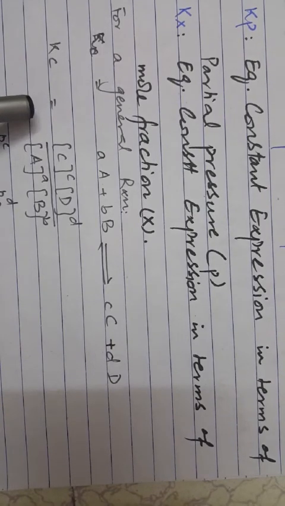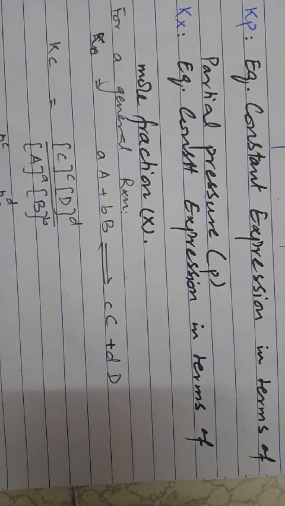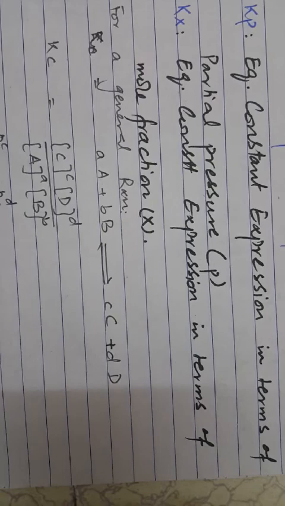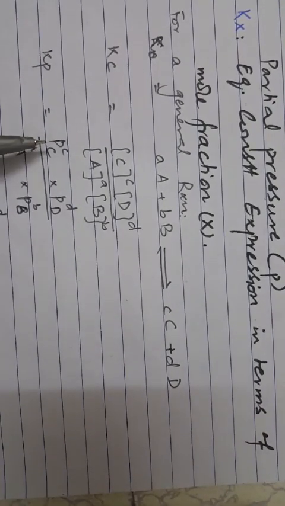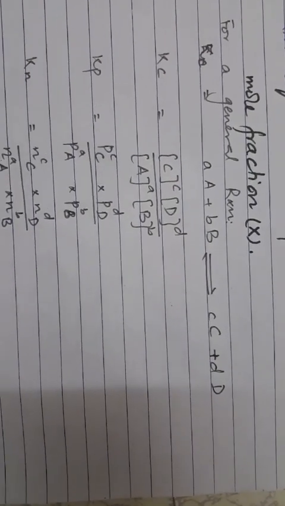Kc is equal to concentration of C power c into concentration of D power d divided by concentration of A power a into concentration of B power b. And the formula of Kp is partial pressure of C power c into partial pressure of D power d divided by partial pressure of A power a into partial pressure of B power b.